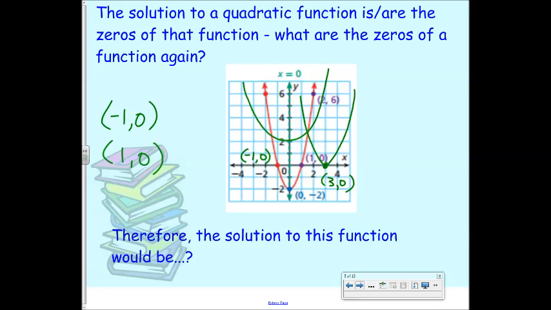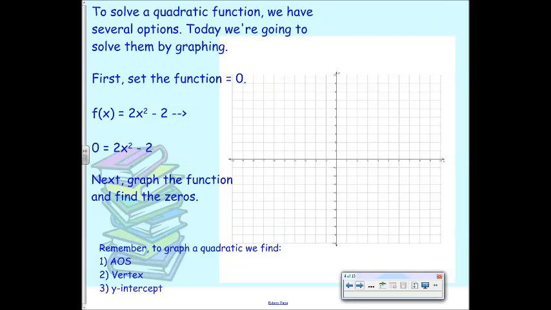So then how could you figure that out if I just gave you an equation like this? What could you do to find the solution? Use the formula to find what? Negative b over 2a. What does that find?